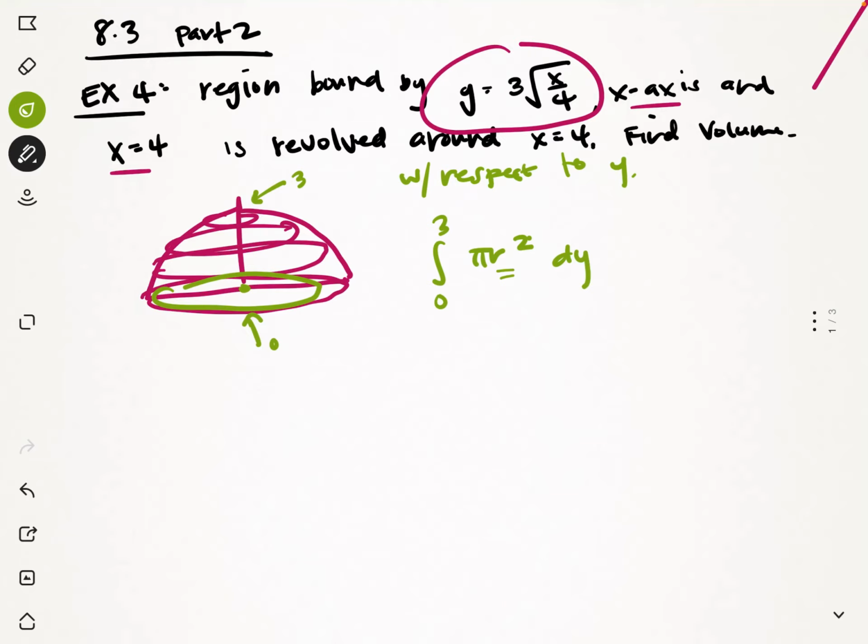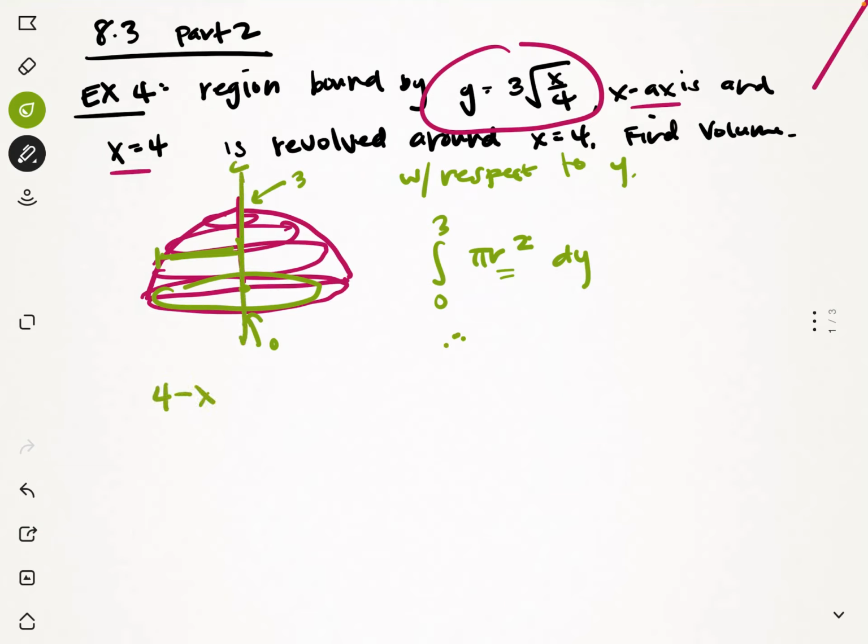But if you keep this in mind, then we should be okay. So notice that if we're talking in terms of x, then each of these is going to be 4 minus x, because this line is at 4, this is at 0.